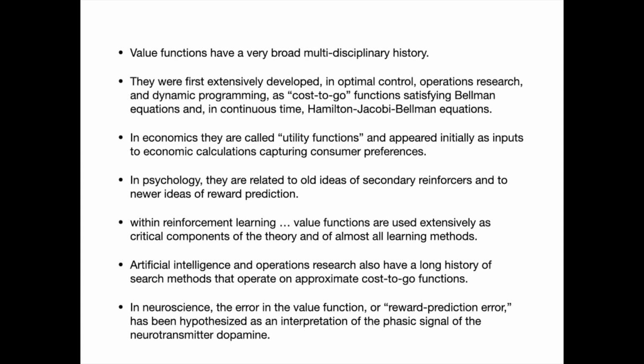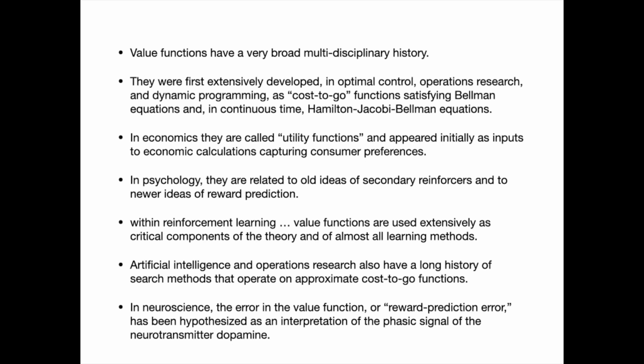In economics, they are called utility functions and appeared initially as inputs to economic calculations capturing consumer preferences. In psychology, they are related to old ideas of secondary reinforcers and to newer ideas of reward prediction. Within reinforcement learning, value functions are used extensively as critical components of the theory and of almost all learning methods.